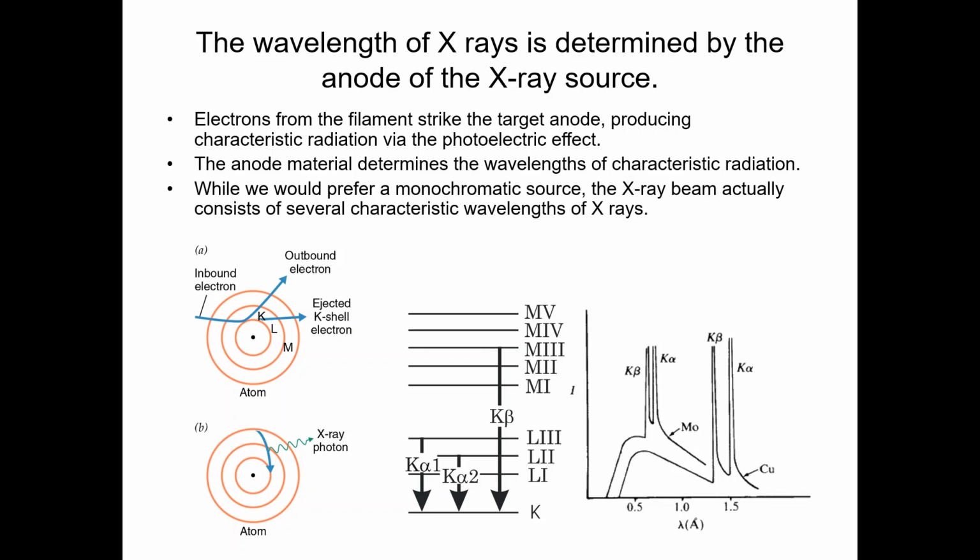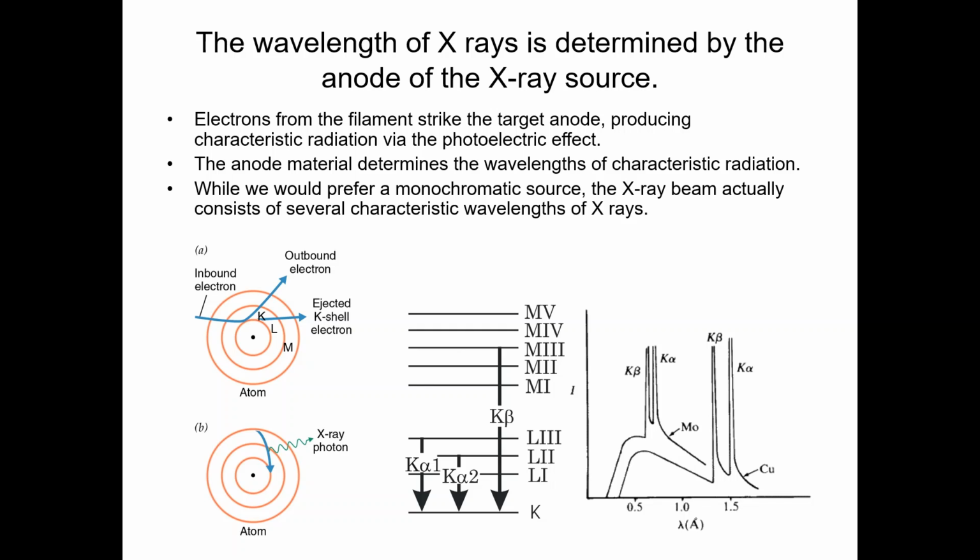While we would prefer a monochromatic source, the X-ray beam actually consists of several characteristic wavelengths. We normally need a monochromatic source, but we cannot get one without further arrangements. So we have to make several other arrangements to get monochromatic X-rays.